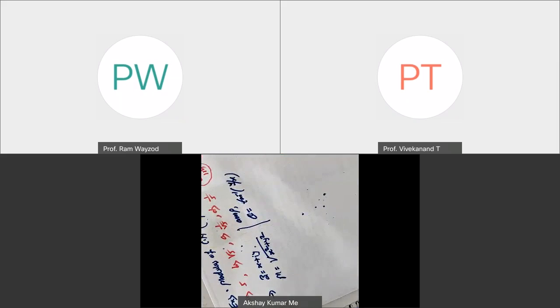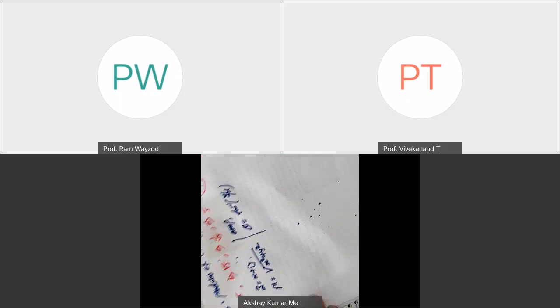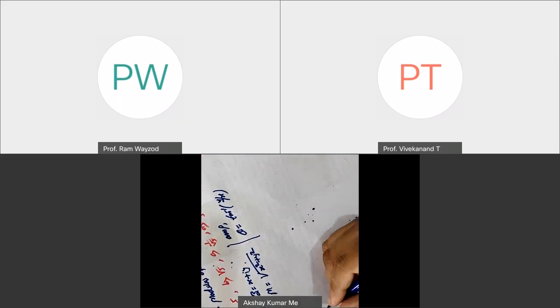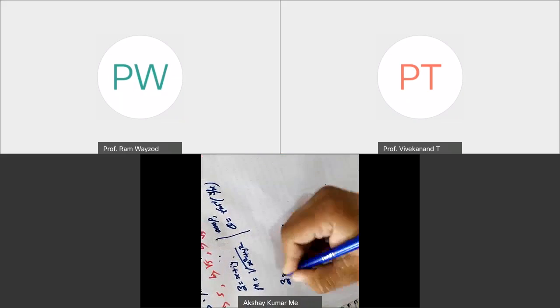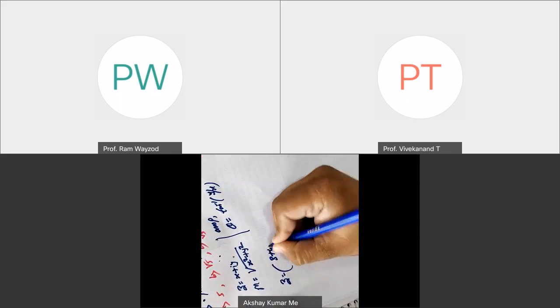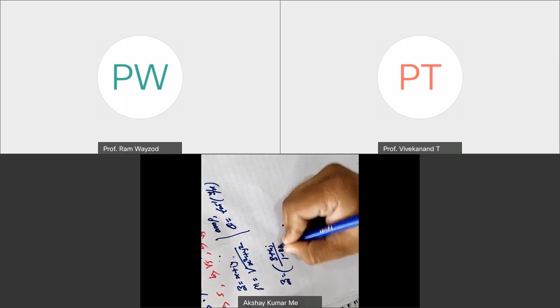This is the basic definition of modulus and amplitude. So we have z is equal to (3 plus 4i) upon (1 minus 2i).